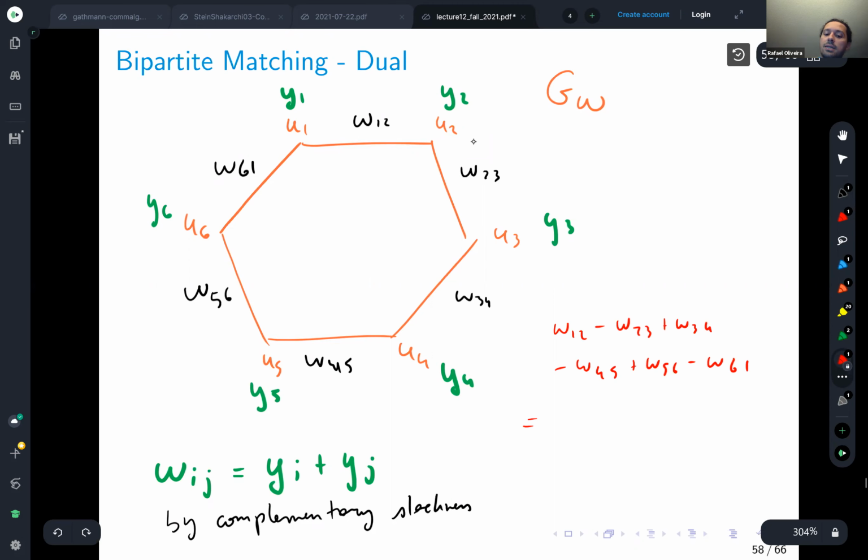What is this? This is exactly y1 plus y2 minus y2 minus y3 plus y3 plus y4 minus y4 minus y5 plus y5 plus y6 minus y6 minus y1, which is exactly 0.